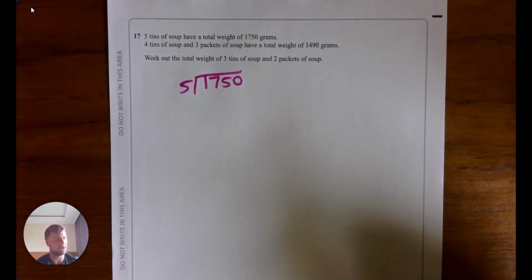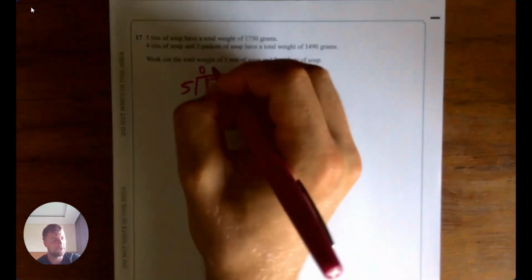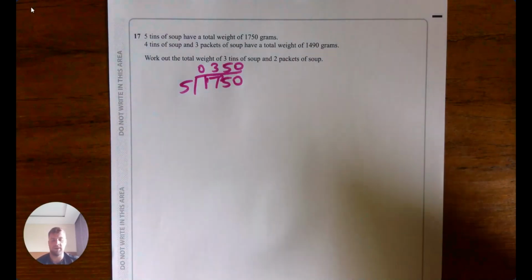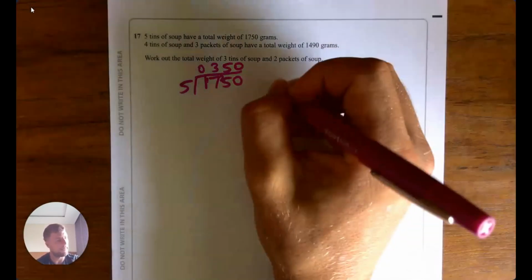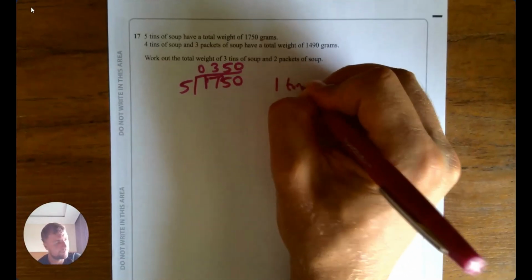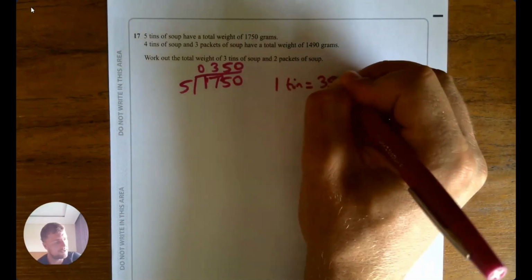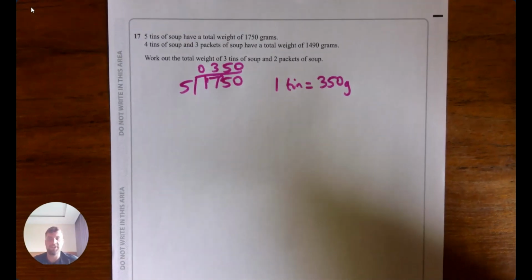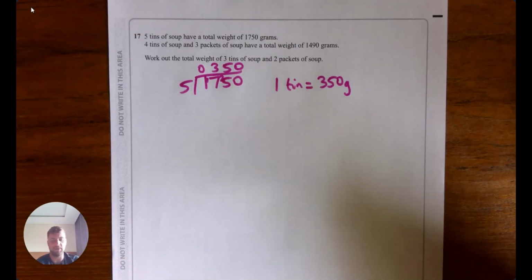So we can work that out, because if we do 1,750 divided by 5, that will tell us what 1 tin of soup is going to be. So 5 doesn't go into 1, goes into 17 3 times, remainder 2, goes into 25 5 times, and then there's a 0 at the end. So 1 tin is 350 grams.